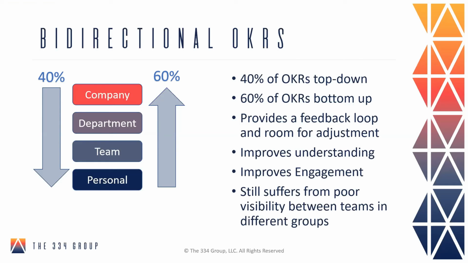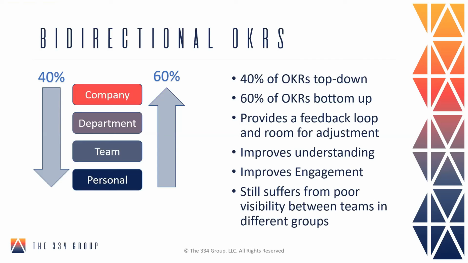But the goal here is to use a top-down allocation that ensures we have enough capacity supporting enterprise level OKRs, while at the same time leaving enough bottom-up capacity to provide meaningful feedback to the organization from the parts of the organization that have the most direct interaction with customers. By doing this, we leave room to discover priorities that we wouldn't have considered and use that information to inform the next objectives we create the next quarter.